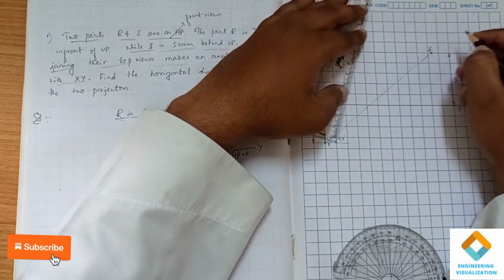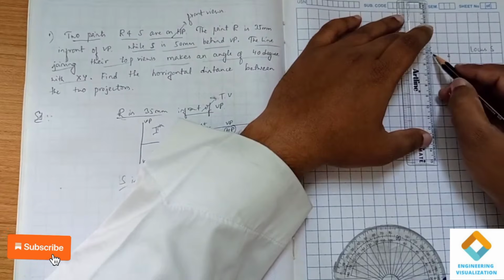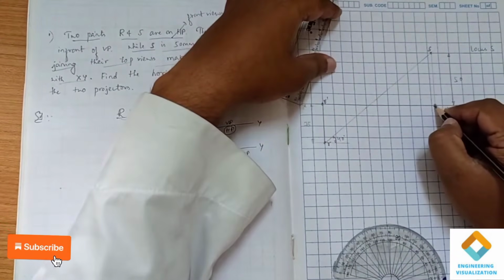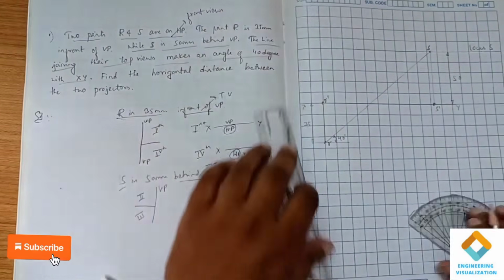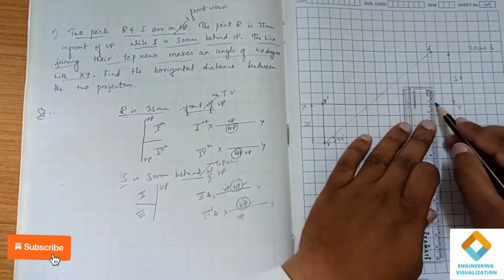So that is the top view of S. Collinearly, if you draw downward, this point is the front view S dash. Now we have to find out the distance horizontally from this point to here.